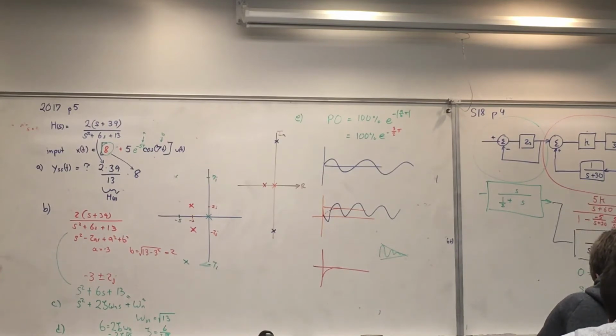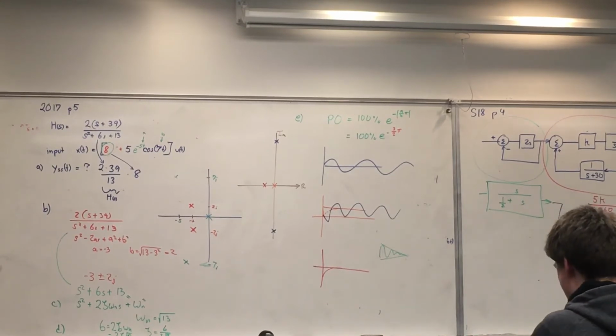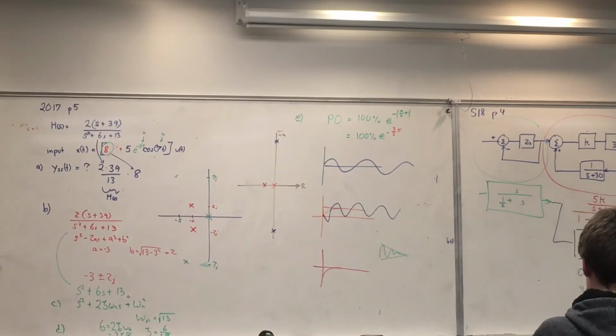Spring of 16. Which problem's that? It's problem 5, spring of 16. This is kind of the same as we do with systems and stuff, only working backwards. Instead of doing partial fraction expansion, we have to do some combination stuff.